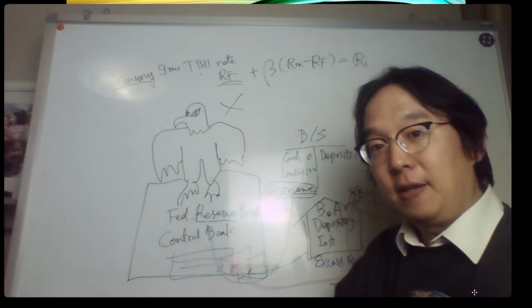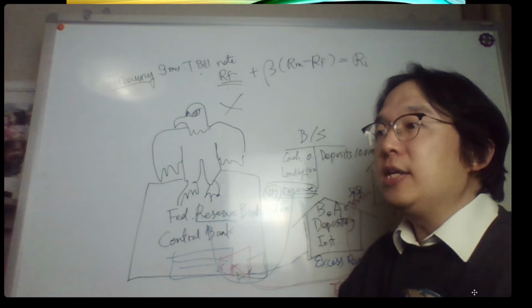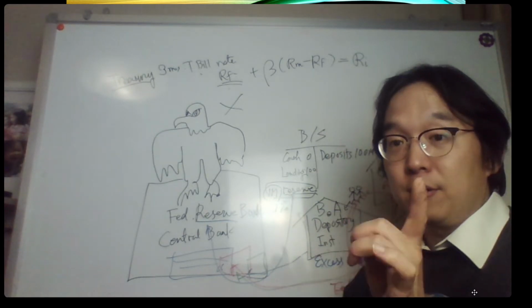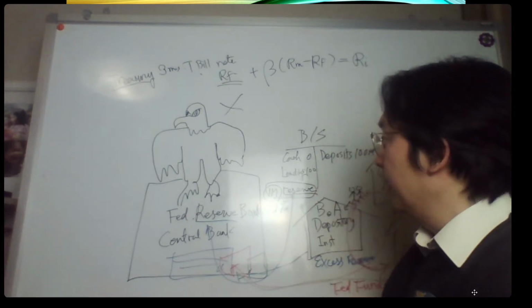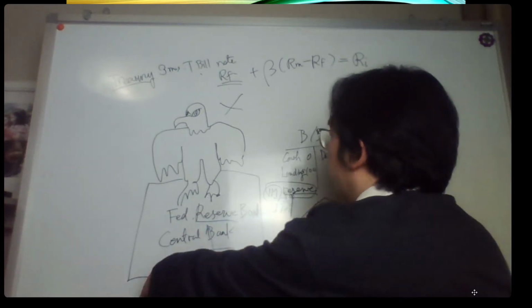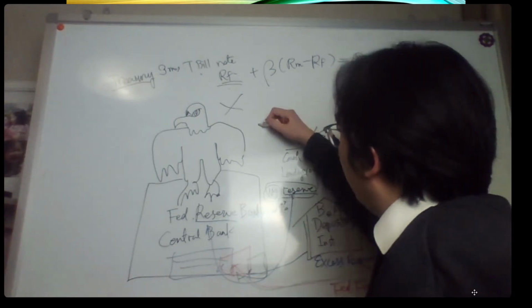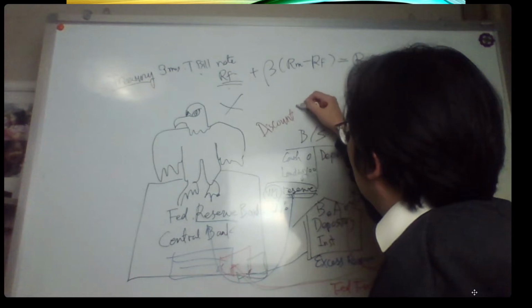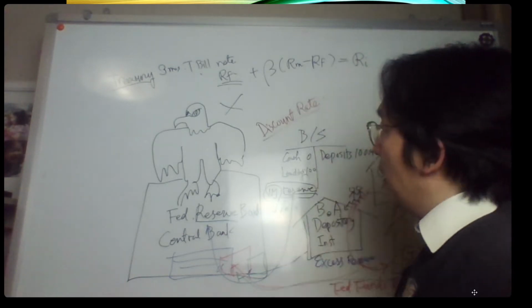Actually, there is such a lending rate that the central bankers pinpoint and order. What kind of interest rate? Something called the discount rate.